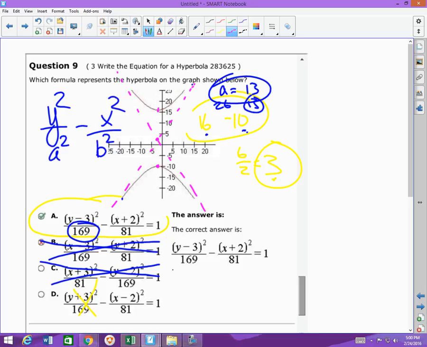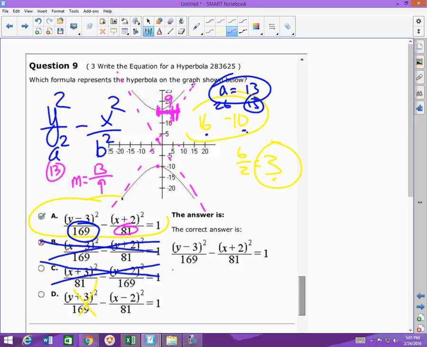And since the a value is 13, and that's under y, the top number, the slope of the asymptote has to be 13 over something, so that's up 13 and over, it looks like a little more than 5, and it's 2 more, 7, and a couple more, so it looks like somewhere around, well, it is 9. So then that's how you get this 81.